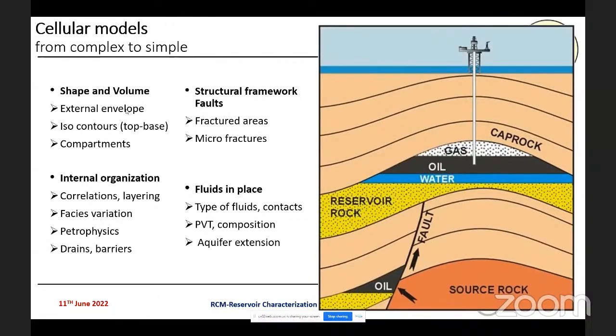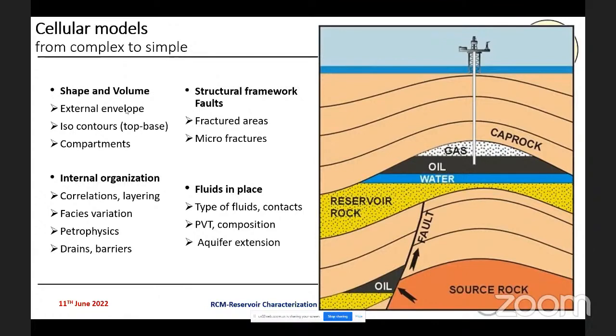So as a geomodeler, before you get into the model, you need to understand each component separately with the rest of the team, so that you can make a proper interpretation, and based on this interpretation, you can start building your model.